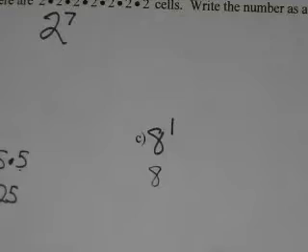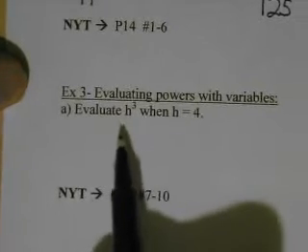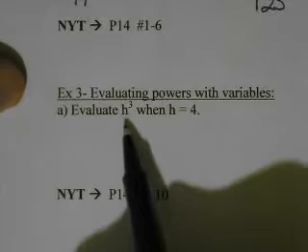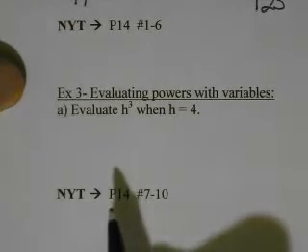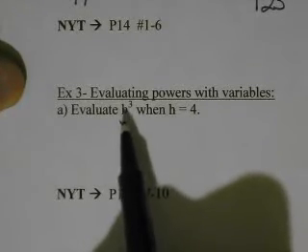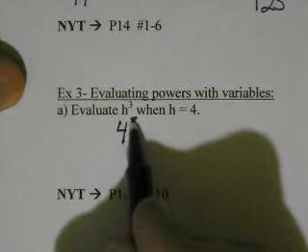Now, what if we wanted to try some problems with variables? This is a mixture of the last lesson with this lesson. We have h to the 3rd power when h equals 4. Just like before, we're going to take the 4 and substitute it in for the h. So, 4 to the 3rd power.